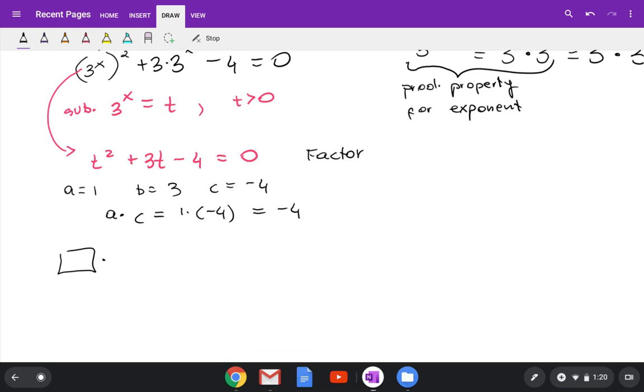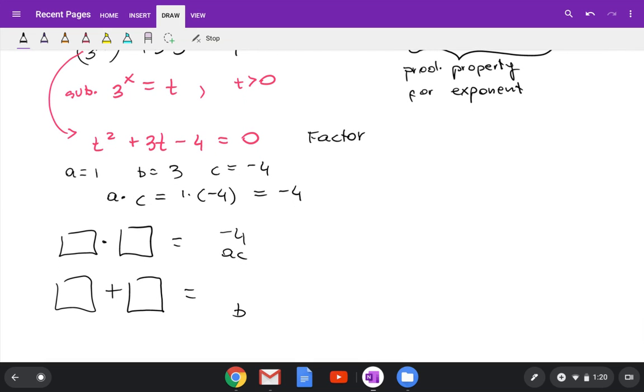So find the product of two integers which gives you ac, negative 4, and the same two integers by addition have to give you b. In our case, b is equal to 3. So what's going to work? 4 and negative 1.